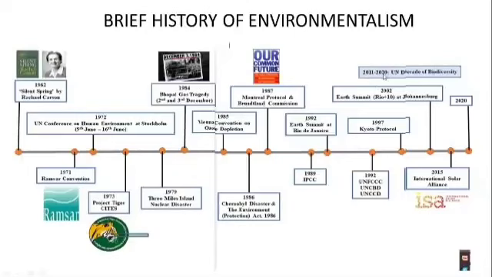2011 till 2020, it was celebrated as UN Decade of Biodiversity. In 2015, Paris Agreement was held, which is an agreement to control climate change. In the same year, when Paris Agreement was going on, India came up with a very bright idea. That means International Solar Alliance.